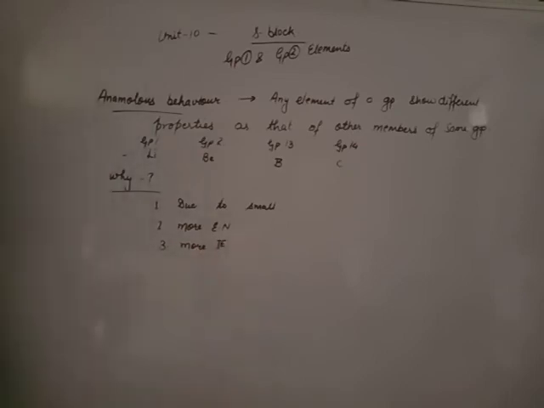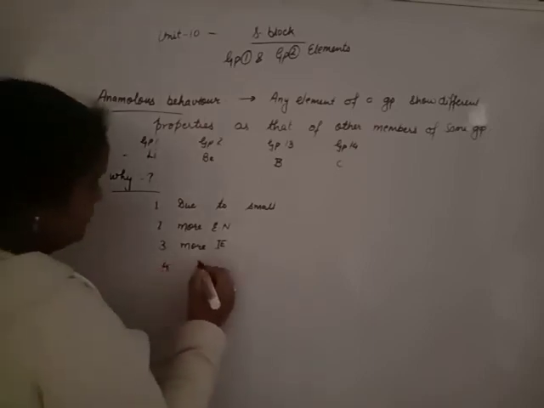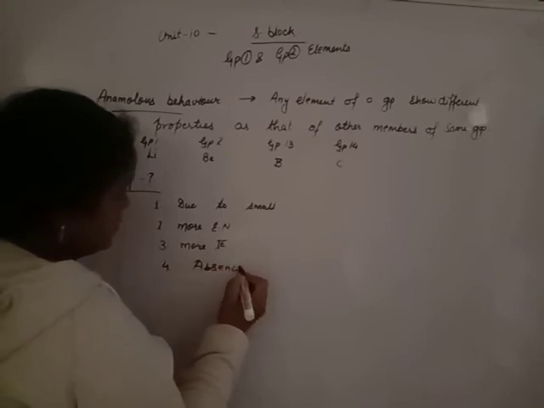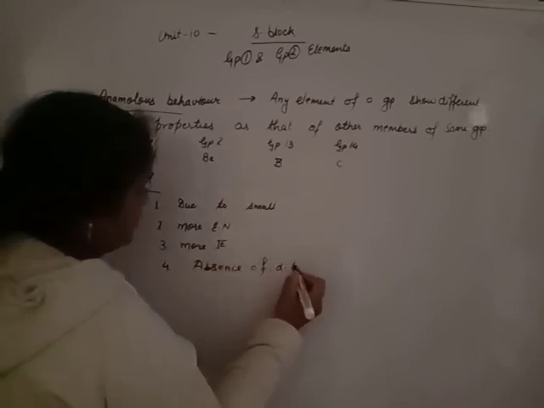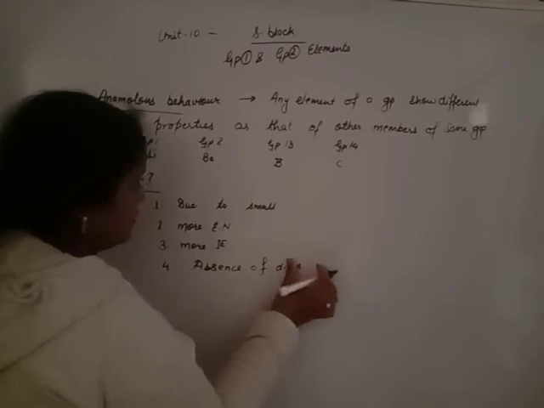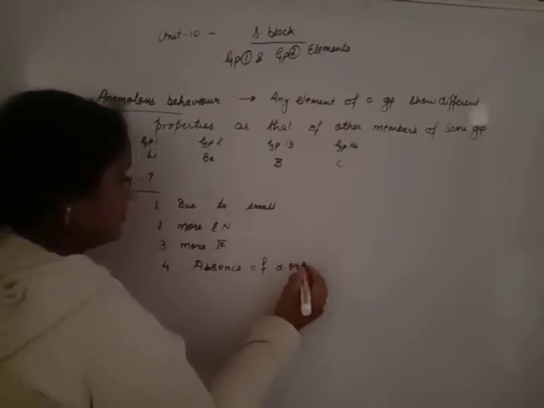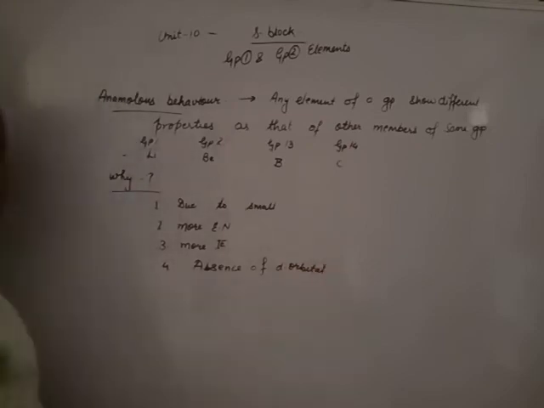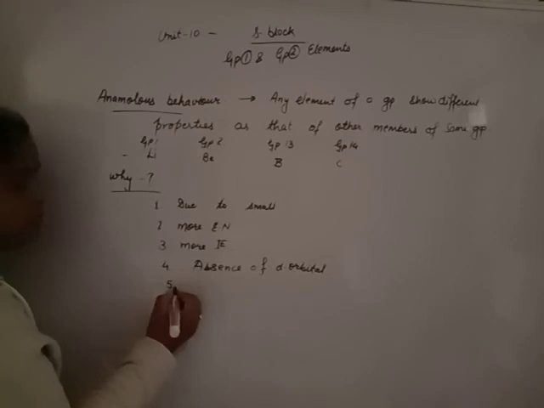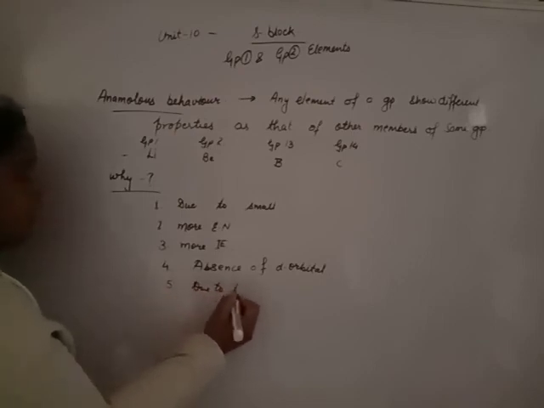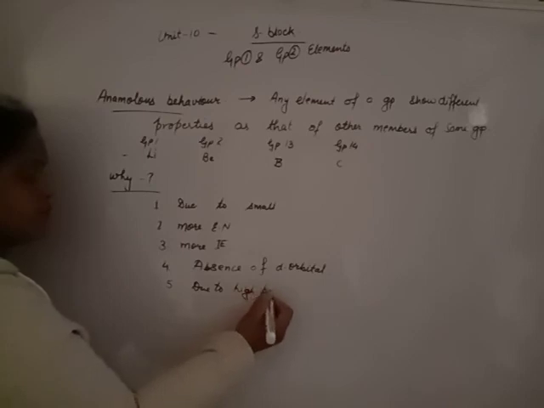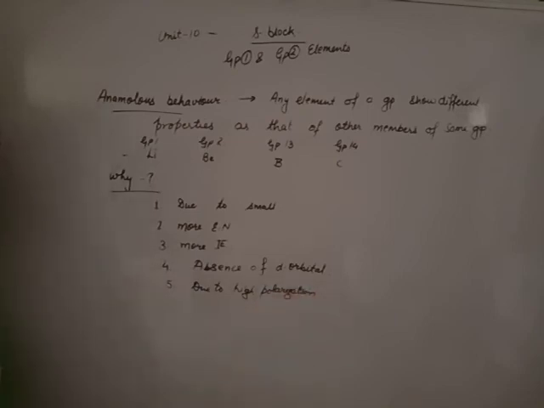And the most important thing, that is the absence of d orbital. And due to smaller size, beta, it has a tendency to form ions very easily. That is known as polarization power. Due to high polarization power.